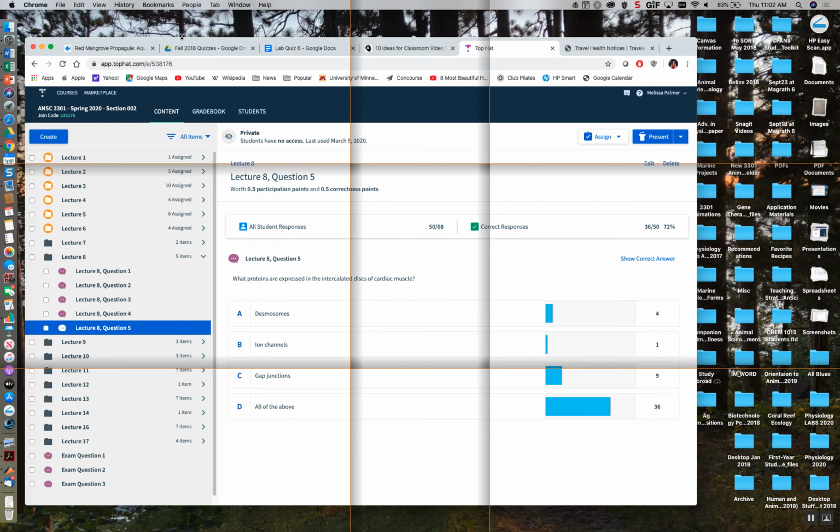Mean arterial pressure is going to be the diastolic pressure. Now we know what that means. Diastolic pressure plus 1/3 of the systolic pressure minus the diastolic pressure.